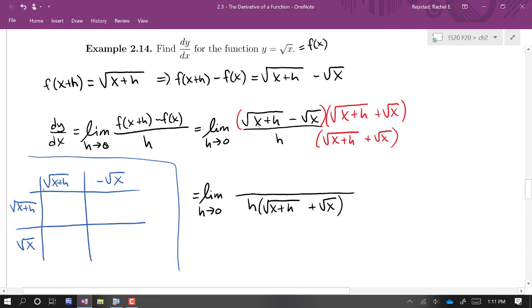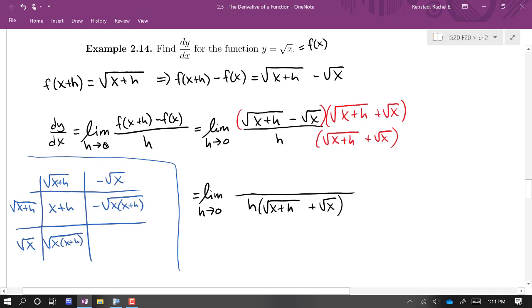Now across the top row, a radical by itself, that'll just be x plus h. Then we have minus root x times x plus h. And then on the bottom row, we got a positive root x times x plus h.